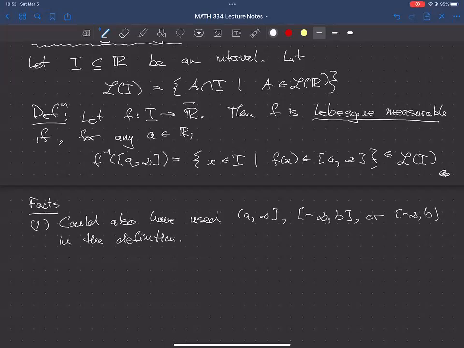It boils down to the fact that the complement of a Lebesgue measurable set is also Lebesgue measurable. For example, this is the complement of that. That's more or less what it comes down to.